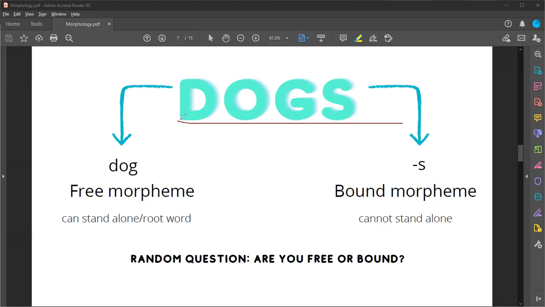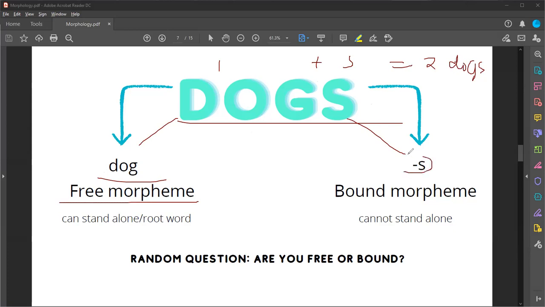So in here we have the dog. The dog in here is a morpheme, and the S in here is a morpheme because dog plus S equals dogs. One dog, and when we have S, it equals two or more dogs. So in here, the dog, this is what we call the free morpheme. And the S in here is the bound morpheme.